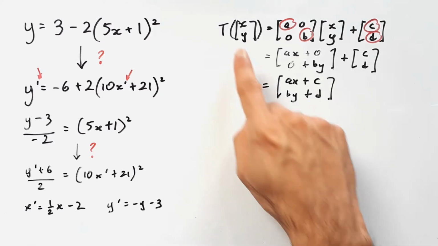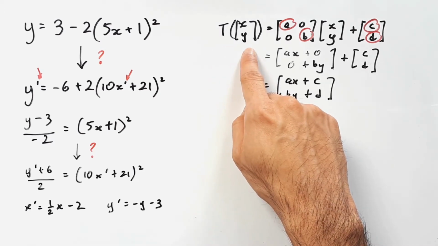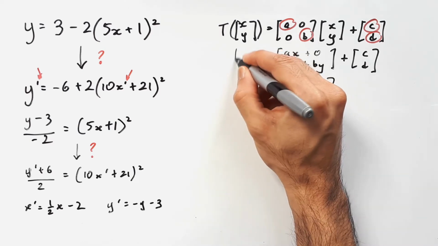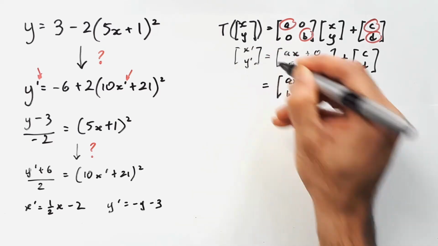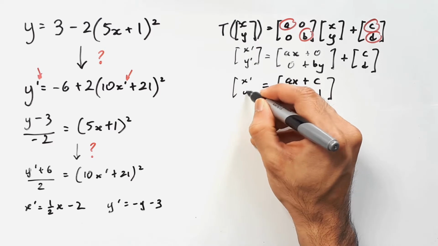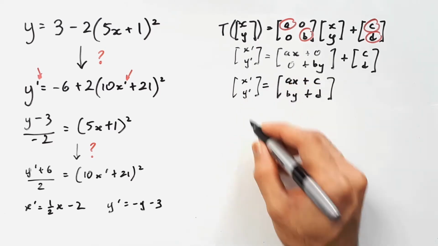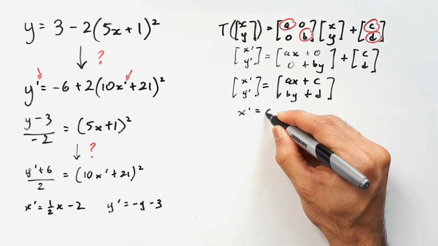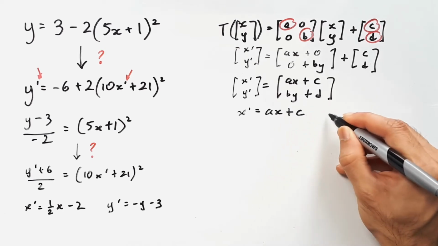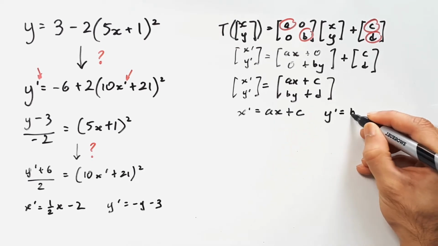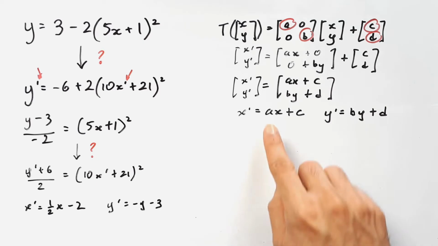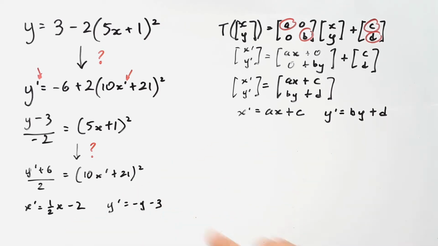At the same time, we can also replace this expression on the left-hand side by rewriting it as x dash and y dash. So when you compare the left-hand side with the right-hand side, we can extract two equations, x dash equal to Ax plus C and y dash equal to By plus D. These equations look very similar to what we found before.